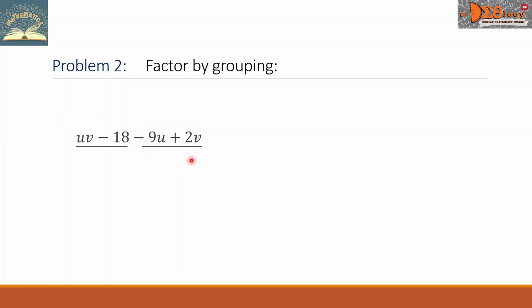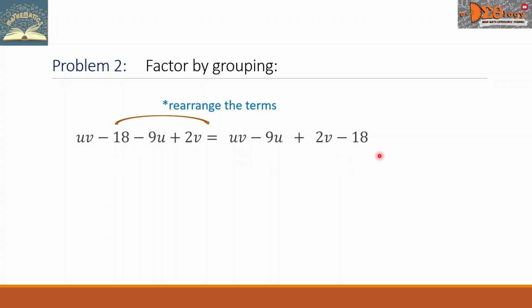Also for the second group. What we can do here is to rearrange the terms. Note that we have here 4 terms. What we can think of is to put the third term to be positive. In that case, we may put this negative 18 on the last. So it becomes like this.